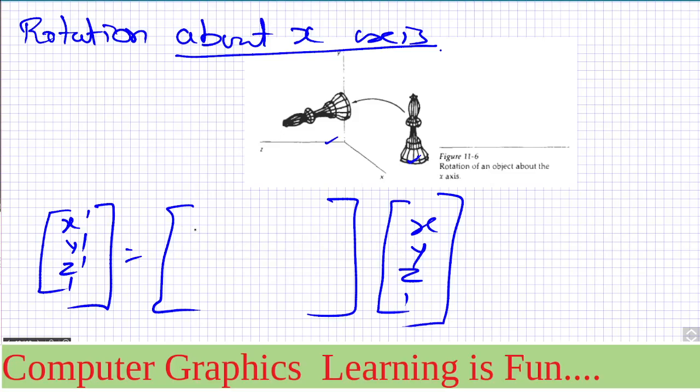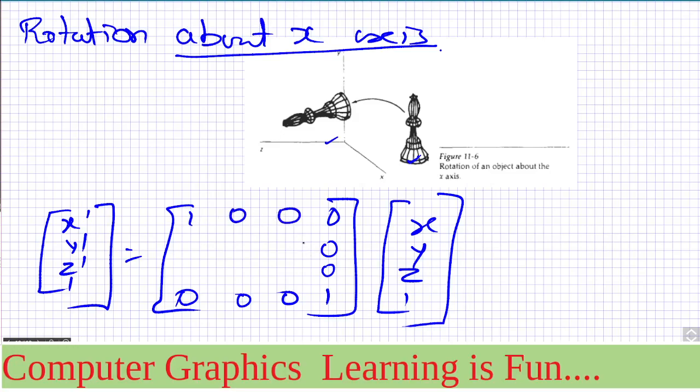In this matrix x has to remain constant. The homogeneous coordinate always remains constant. So I am keeping 0, 0, 0, 1 here and here also 0, 0, 0, 1. Now you tell me what will be the other values. First row. 1 0 0.